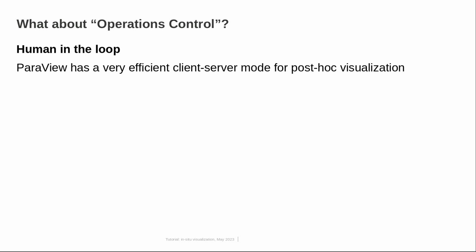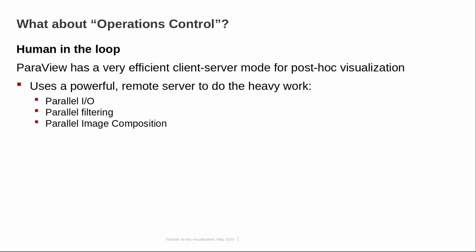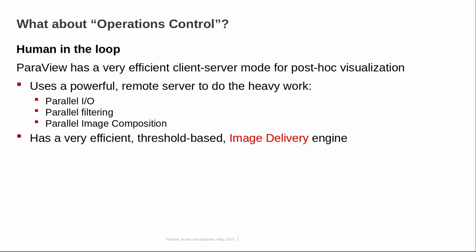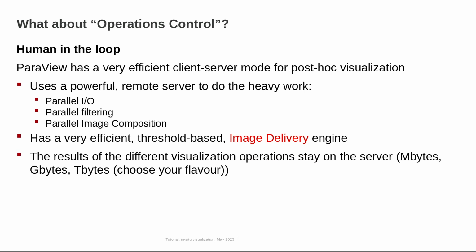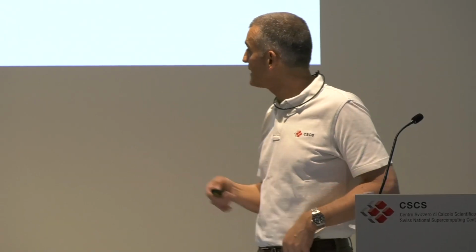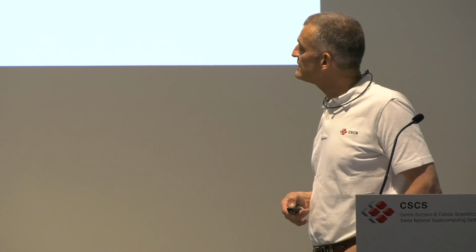Okay, so operations control, ParaView, we've mentioned the client-server mode. It will do everything in parallel, the I/O, the filtering, the image composition, and the image delivery. So image delivery means that the big data, your computational data remains on the server side, and it's only the image that gets moved into the client.